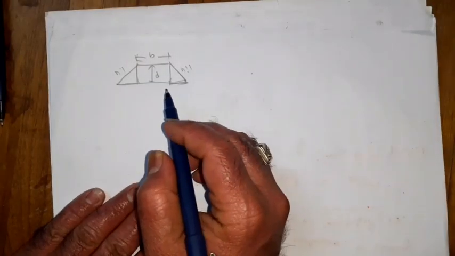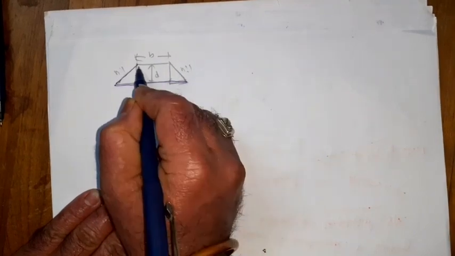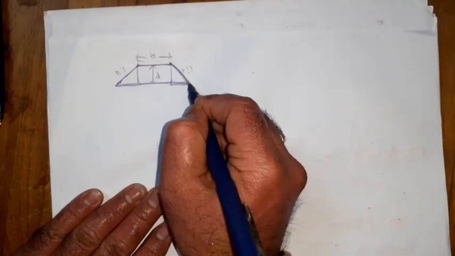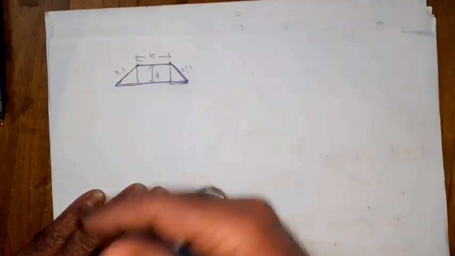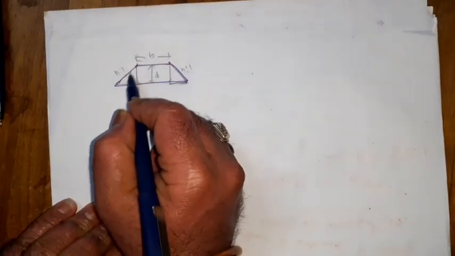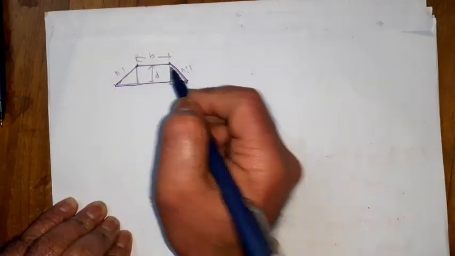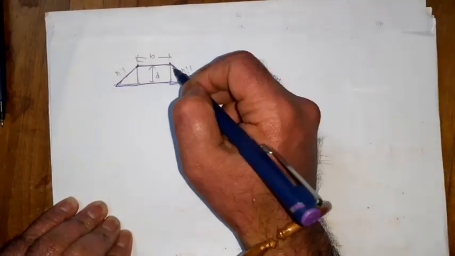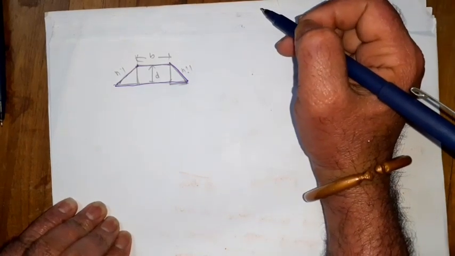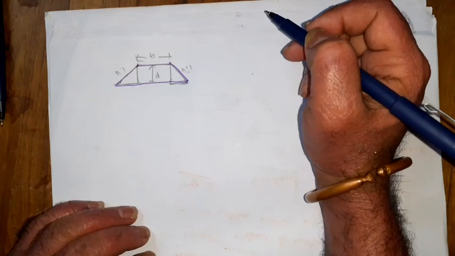In general, you can find a shape like this for either embankment or cutting. Here is a trapezium; we need to find the area of the trapezium, then multiply it with the longitudinal length, so you can get the volume.